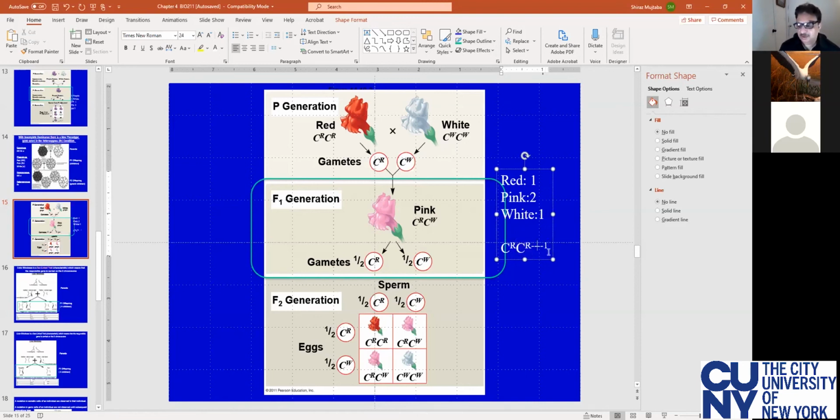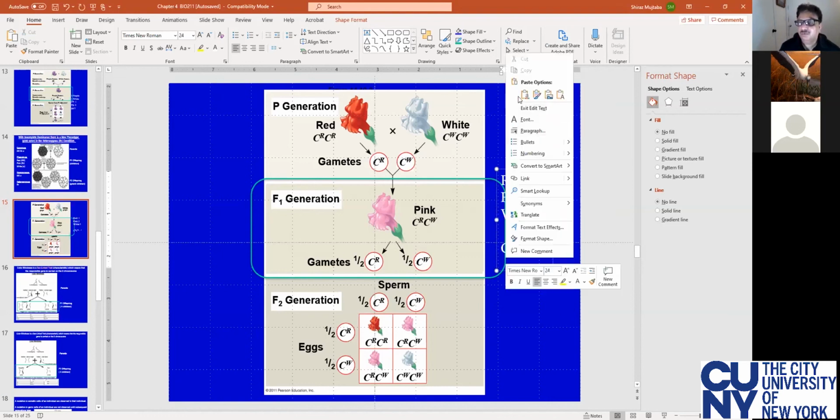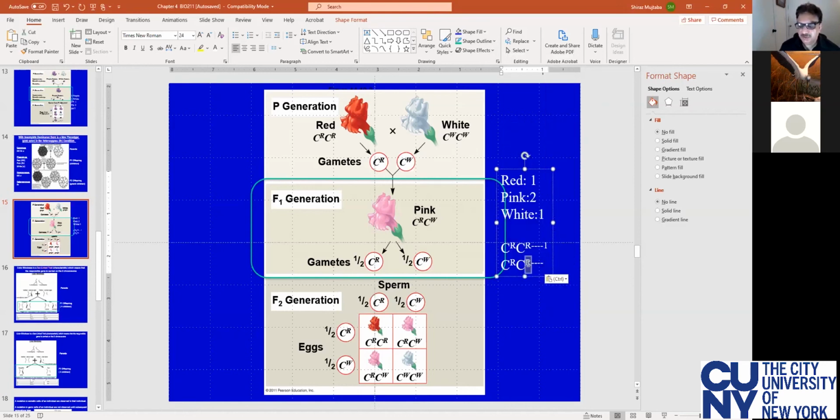If we look at the heterozygous, what is a heterozygous? A red color flower and a white color flower. That is CRCW. That is how many? Two. So CRCW are the pink flowers. And then CW, they are again one.